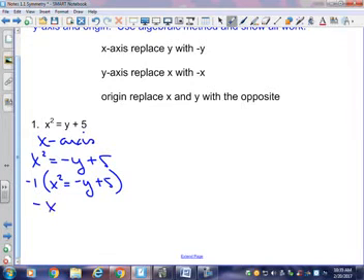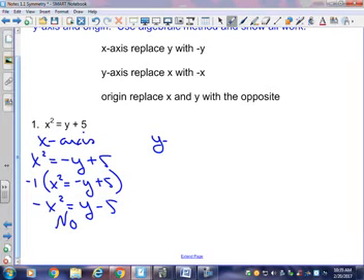Well, now my x squared is negative, my y is positive, my 5 is negative. It fixes the y back to the original problem, but did it fix the other 2? No. So this does not have x-axis symmetry because it didn't fix the problem back to the original problem. It has to match the original problem for it to have that kind of symmetry. So the answer to this one is no.